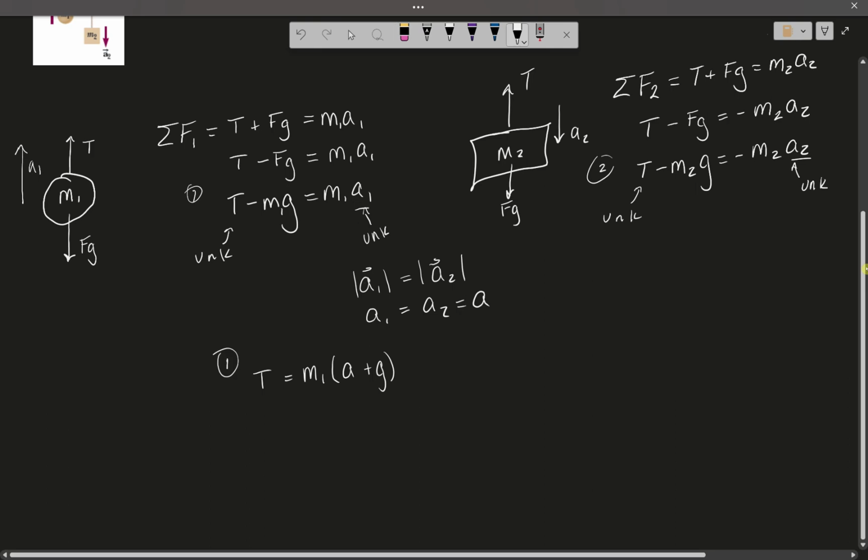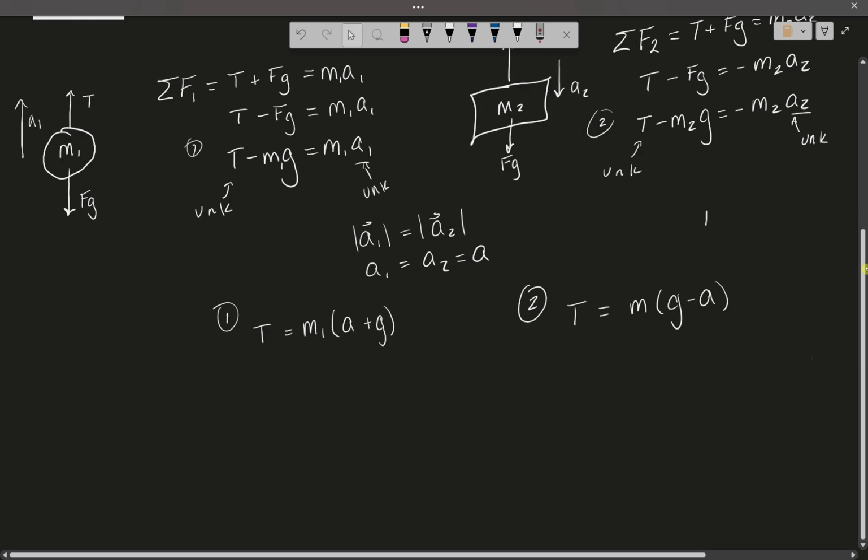So this is now my new equation 1, and my new equation 2 is that tension is equal to m2 times g minus a. This has the minus sign because I have the minus sign on the right-hand side. If you need to work out the extra steps between that, please do so if it makes more sense to you. So now I have two equations, two unknowns.